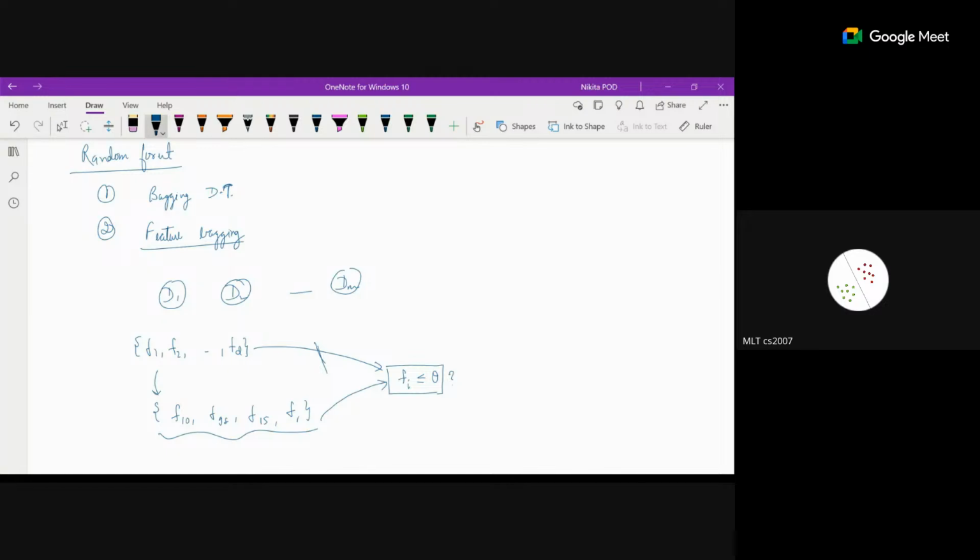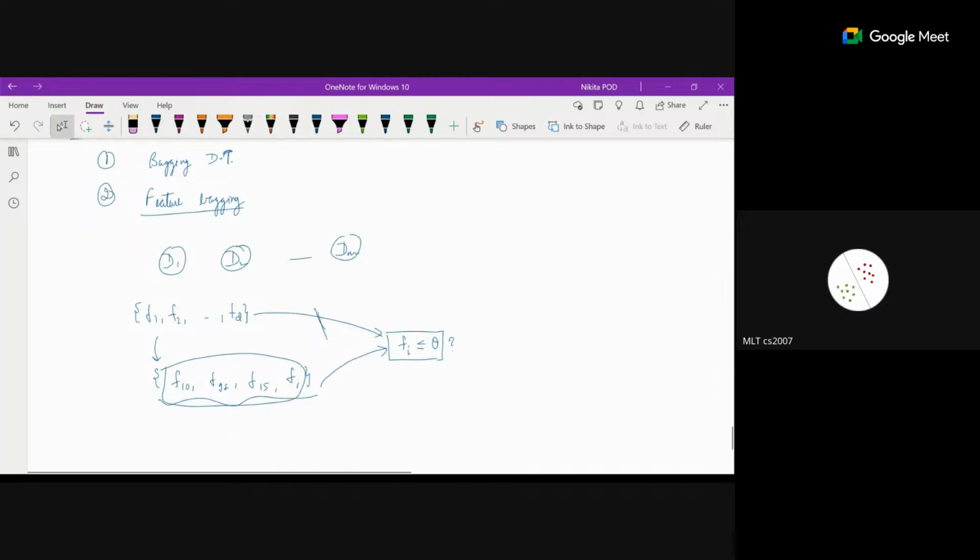We'll ask whether F10 is less than or equal to theta, whether F98 is less than or equal to theta. From these four features, we'll pick the most appropriate feature, the one which has the maximum information gain, right? Suppose my feature F15 has the maximum information gain. So for the first node, we have F15 less than or equal to theta.